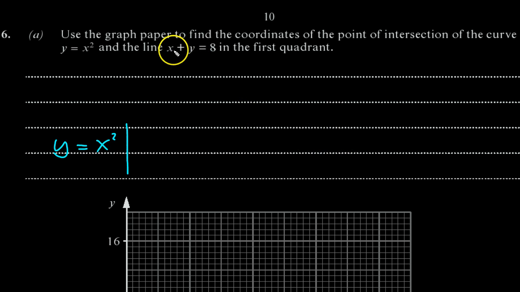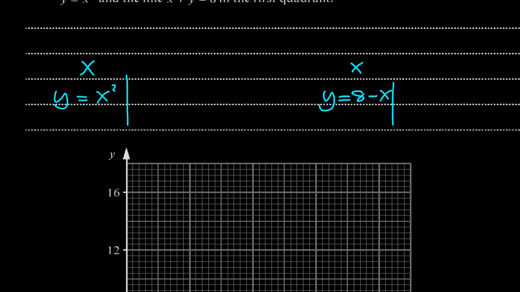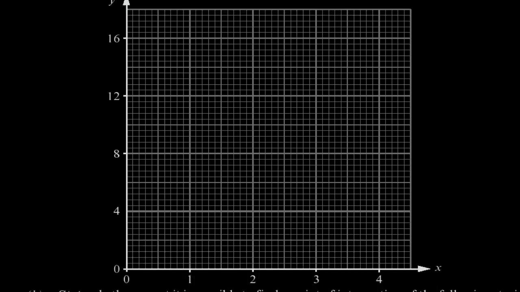And here, if we move the x over, it will be y equals 8 minus x, won't it? And let's draw that one as well. Okay, so let's put the x values here, and the x values here. And let's have a look at what coordinates we want to plot. We're going from 1 to 4.